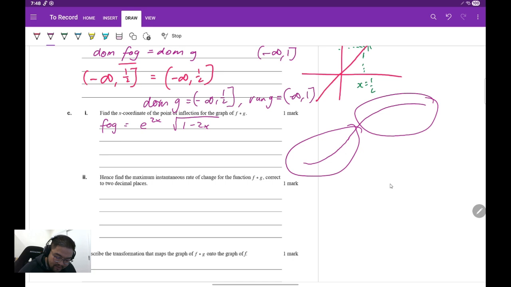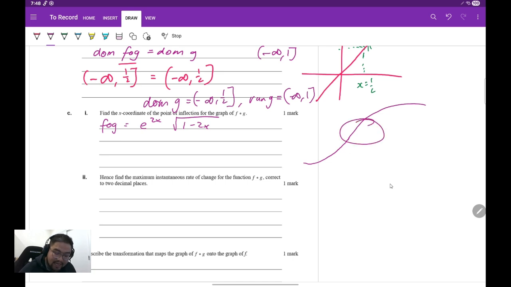There will be a point of inflection, but it doesn't necessarily have to be a stationary point, because a stationary point implies that there is a stop, a 0 and a change in direction, but not all points of inflection will have that. So there's two ways to do this.